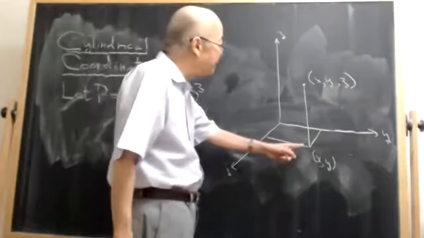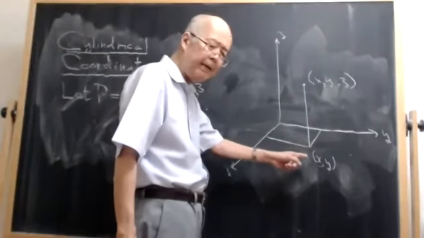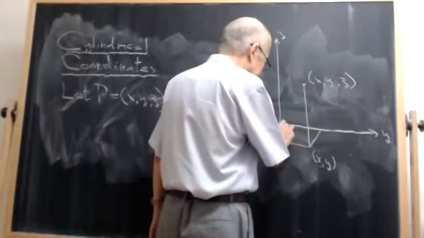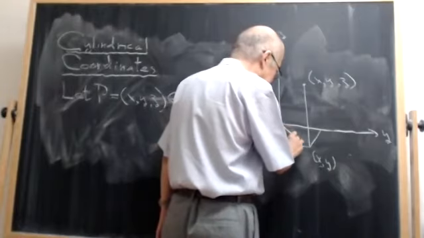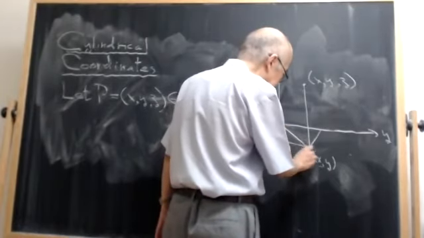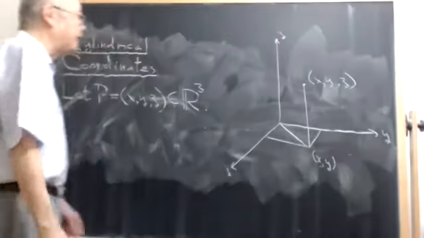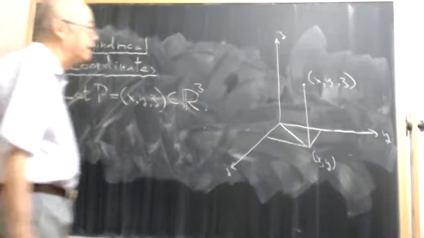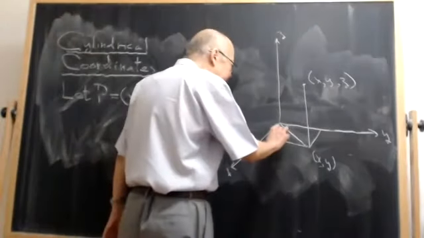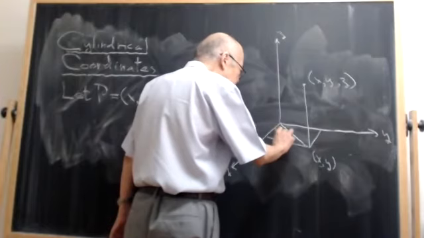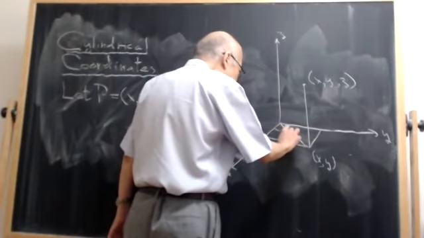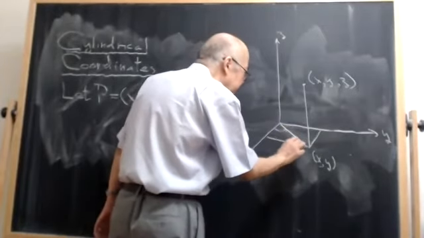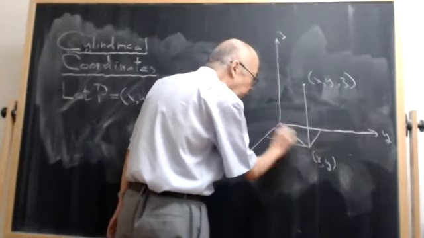Now, this point in the XY plane has polar coordinates. You join the origin to the point XY, and you look at the angle from X to this radius.